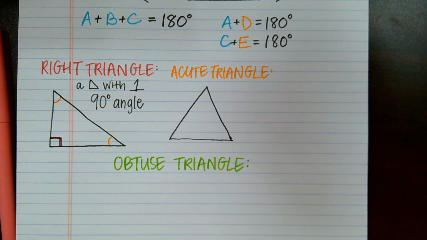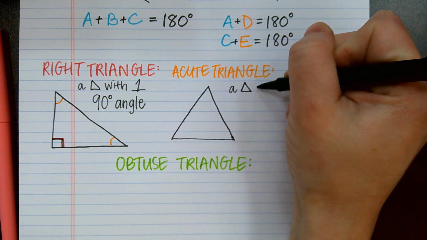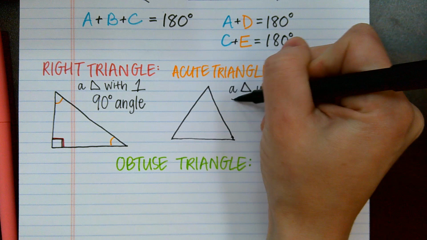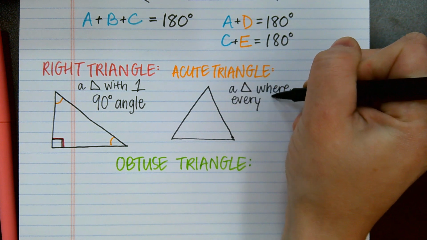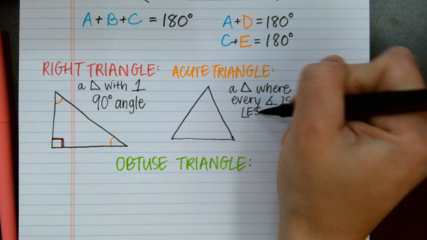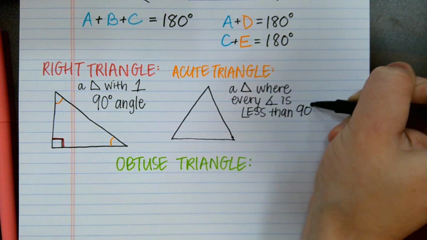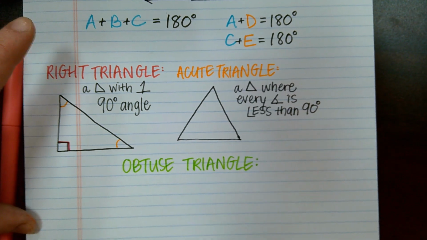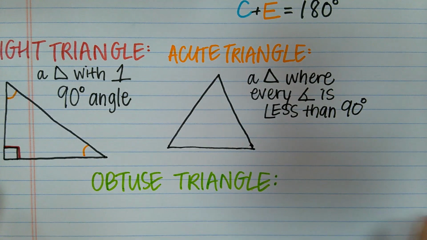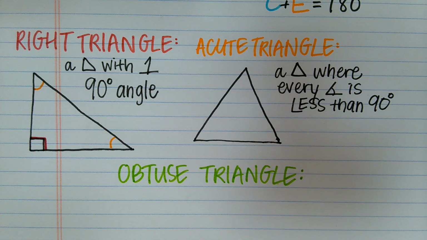Every angle has to be acute. So it would be a triangle where every angle is less than 90 degrees. So every single one of these angles has to be less than 90.